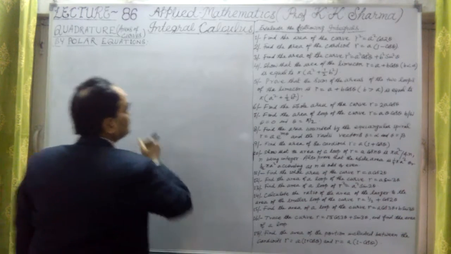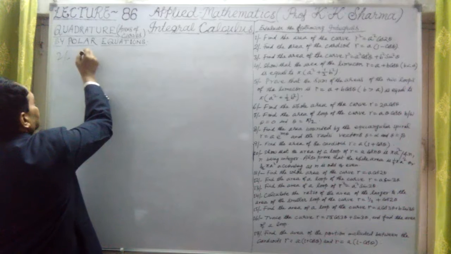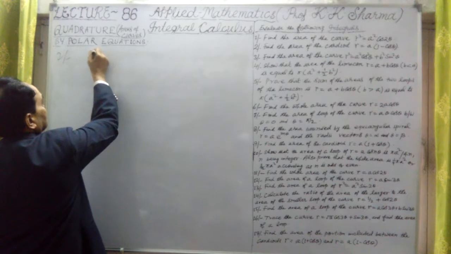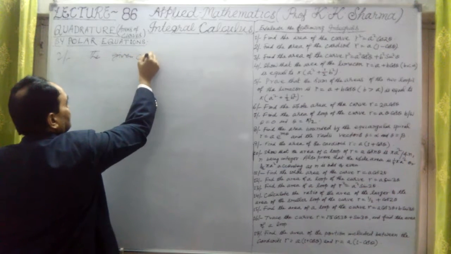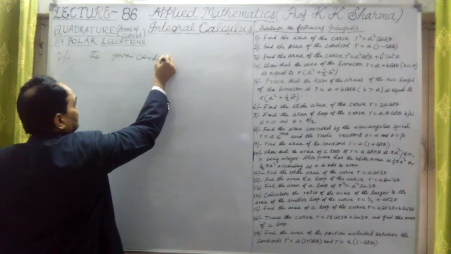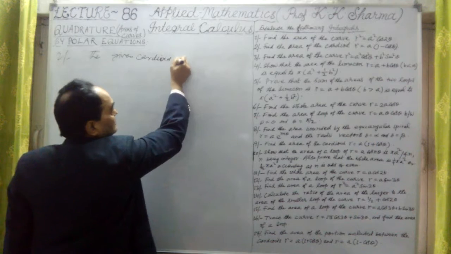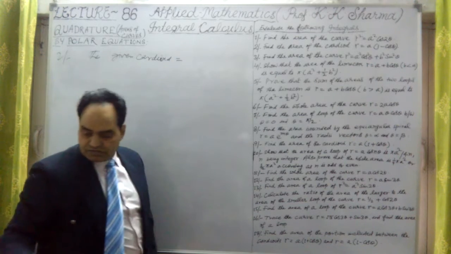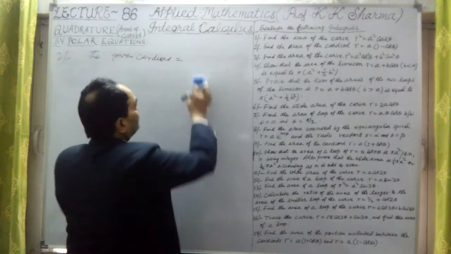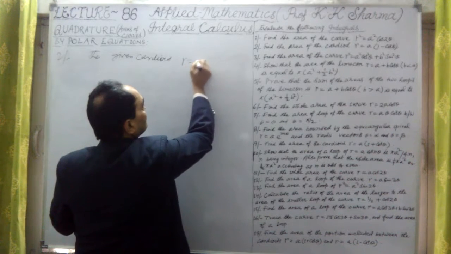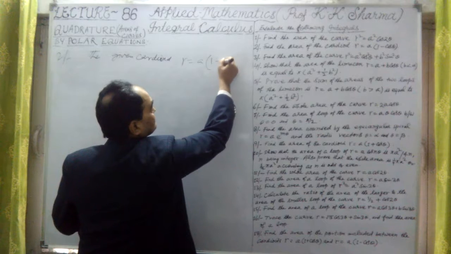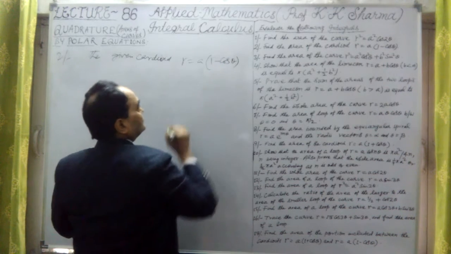So cardioid is this. The second question is the area of the cardioid. The given cardioid is r is equal to, let me put the complete question. So this is r is equal to a into 1 minus cos theta.